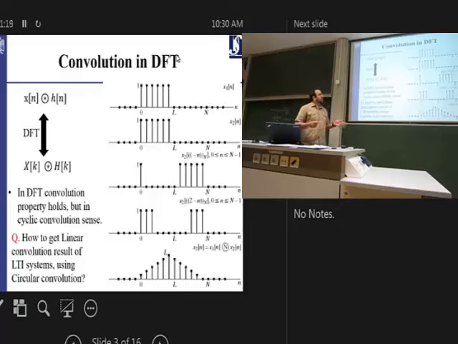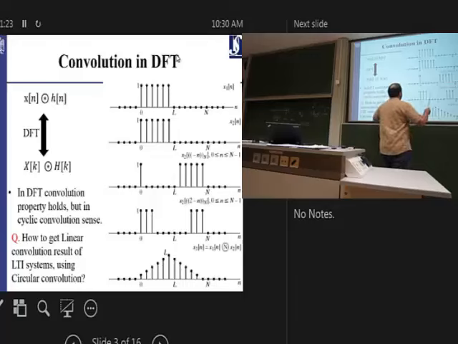How is this convolution done? We should take care that the signal from 0 to n minus 1 is periodic. We have to observe the problem as a circular or periodic signal.